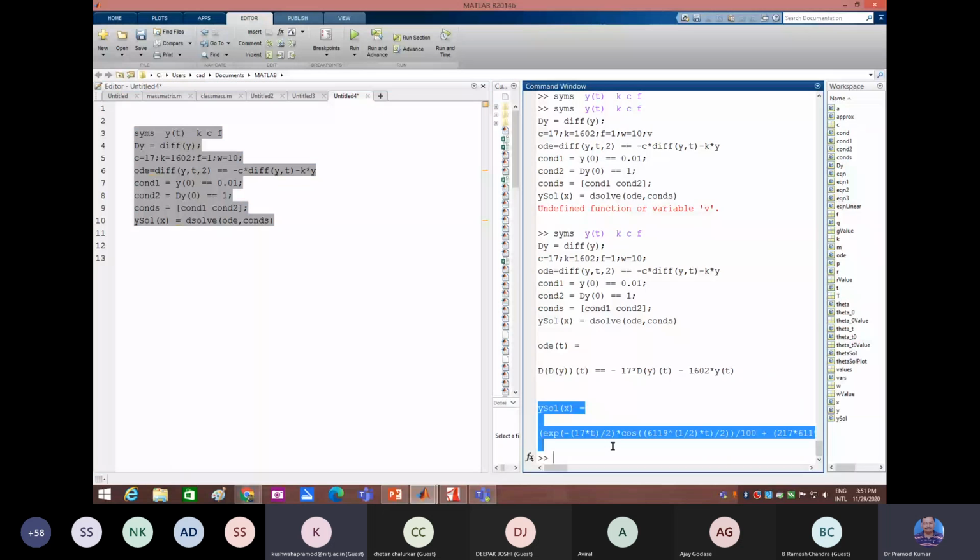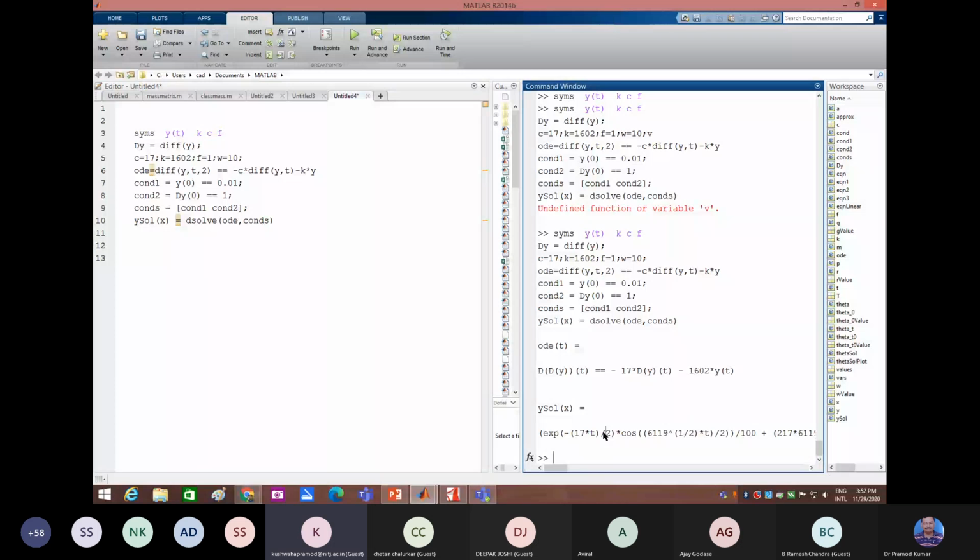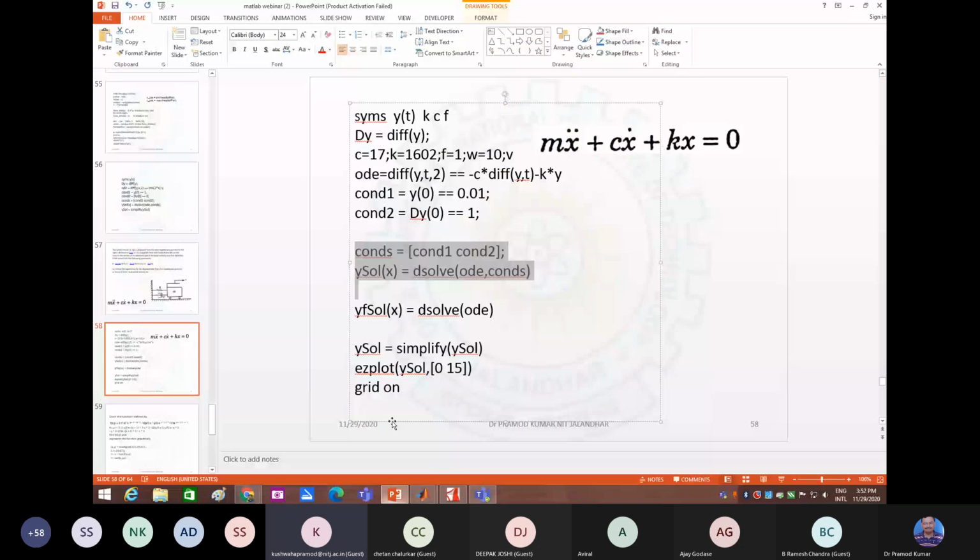This is the solution of this equation, and we can plot this one with simplify and grid on.